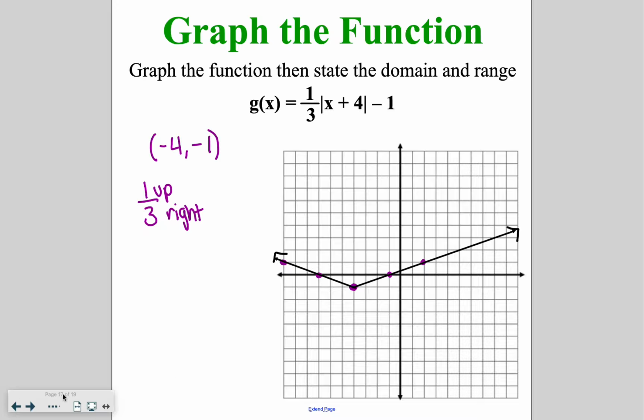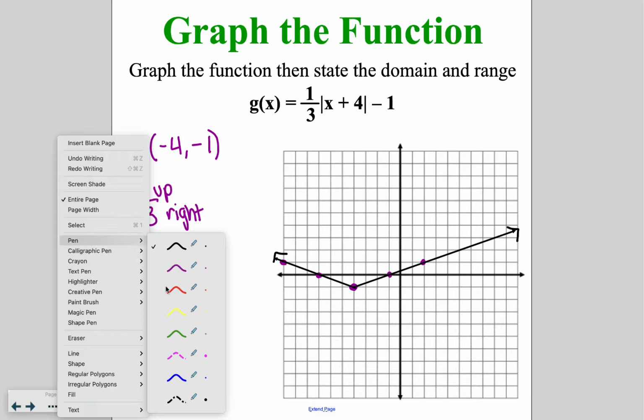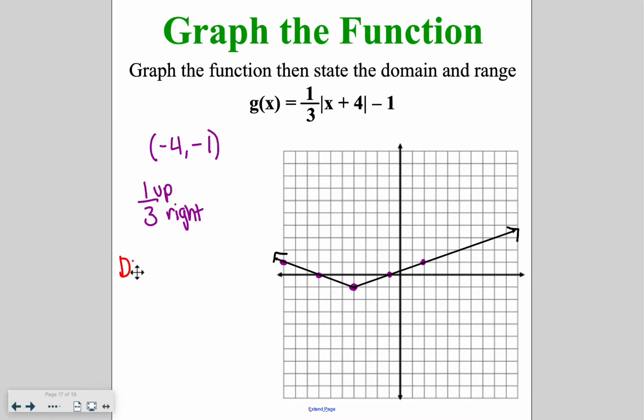Once again, for our domain, we have that all real numbers can be plugged into this function. So your domain is any possible value of x. Your range then for this one, we go to our low point in this case, which is -1. The graph is going above that -1, so we're going to have our range as y is greater than or equal to -1.